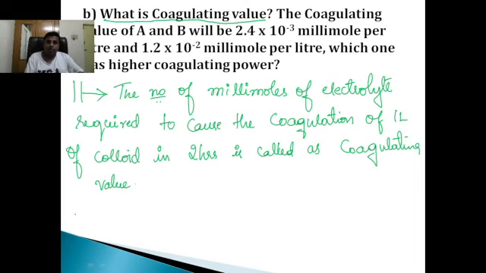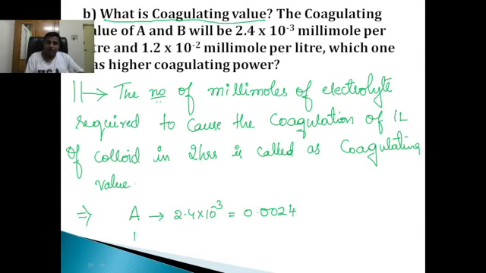Now in this there is a second part. The coagulating value of A is 2.4 into 10 to the power of minus 3, that is nothing but 0.0024, moles per liter.